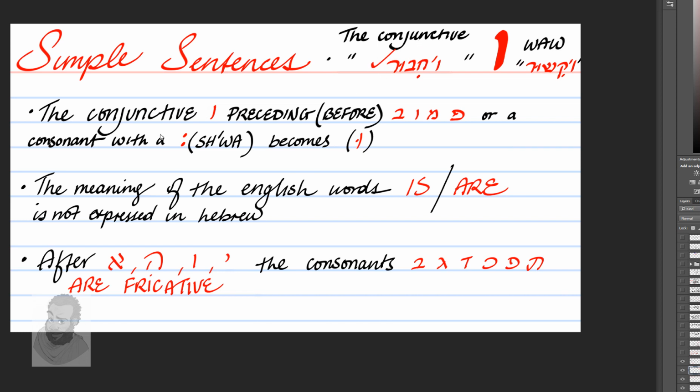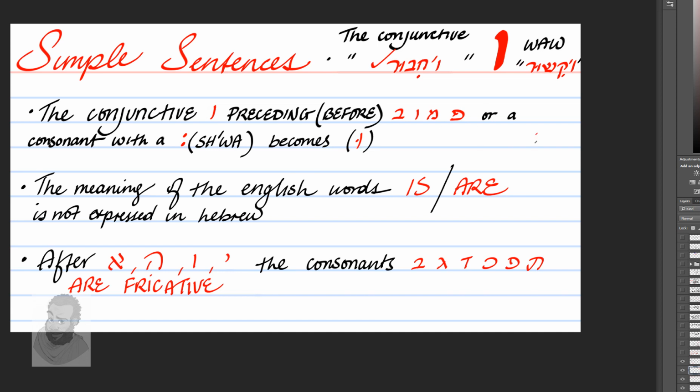The conjunctive, remember, they're joining. So they join any type of phrase or idea together, okay? So the conjunctive vav, preceding the beth, vav, mem, and the pe, or a consonant with a shva, becomes u.